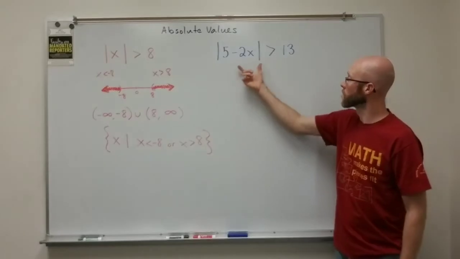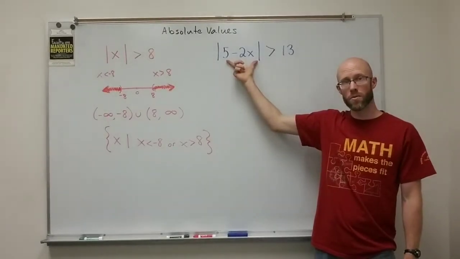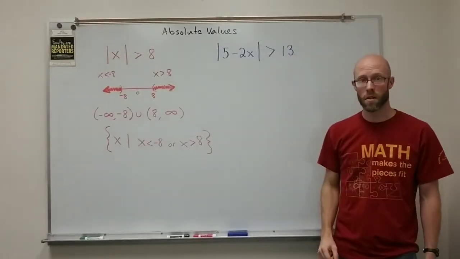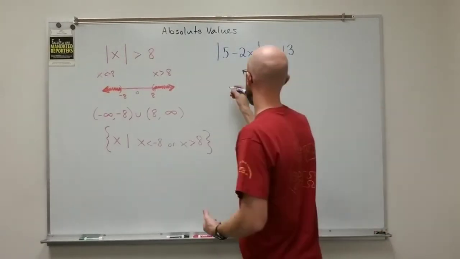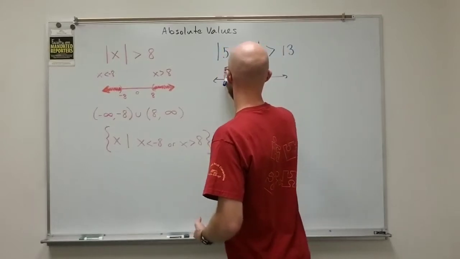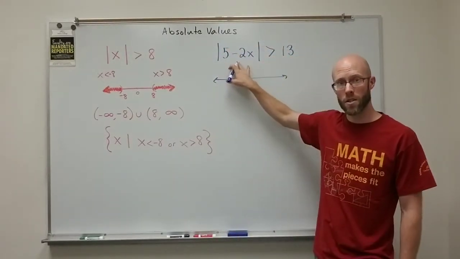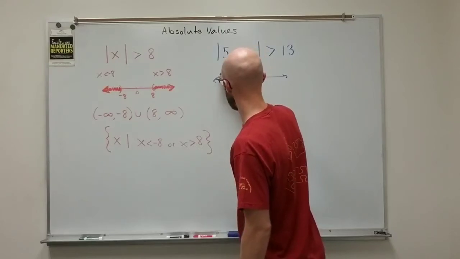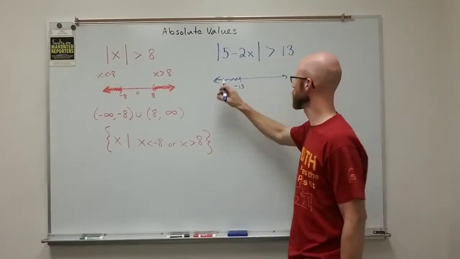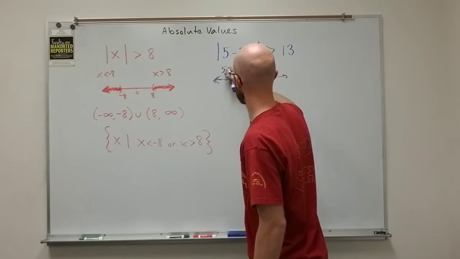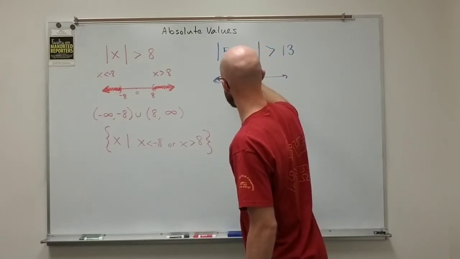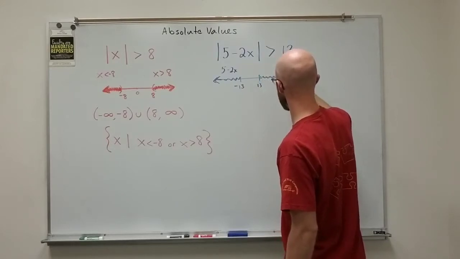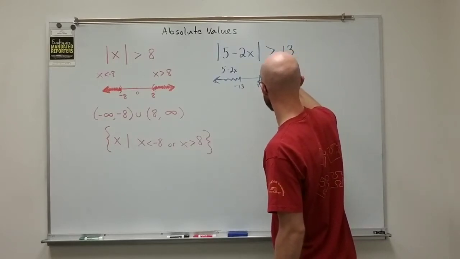So here, again, we're looking for stuff in the absolute value whose distance from 0 is greater than 13. Simply put, on a number line, the 5 minus 2x, the stuff in the absolute value, has to be either out here less than negative 13, so that's where our 5 minus 2x has to be, or they could be out here to the right, greater than 13.